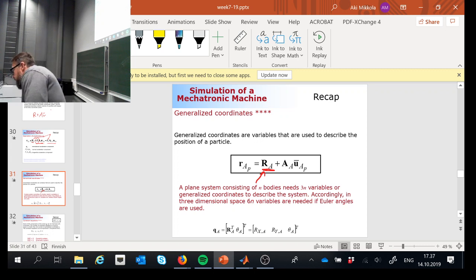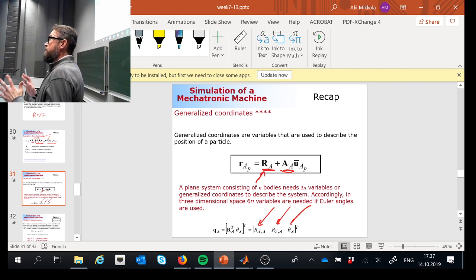And the rotation matrix can also change its numerical values because of the body rotation. So in total that is three tensorized coordinates: Rx, Ry, and angle theta. That's extremely important to understand, because that's what we're going to use later to express all the forces with respect to generalized coordinates.